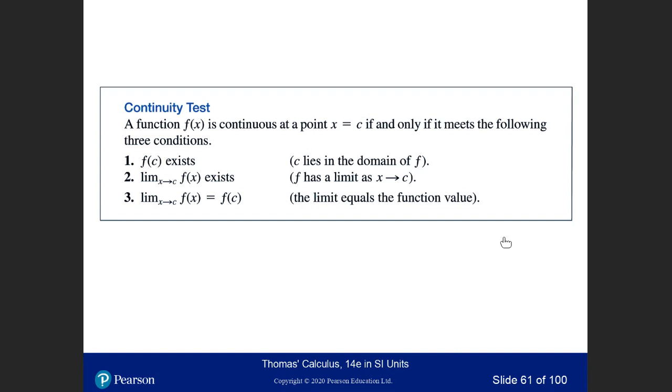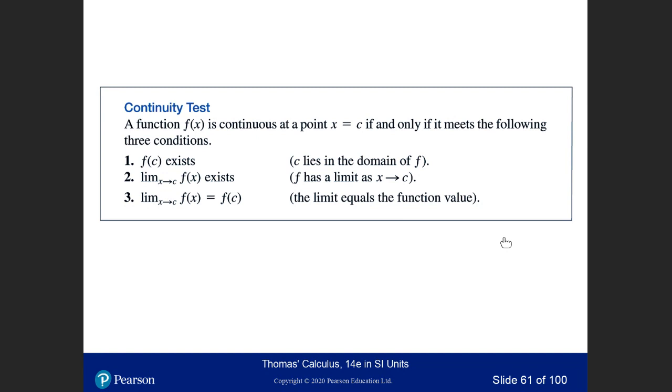So the continuity test is this. A function f of x is continuous at a point x equals c if it satisfies the following conditions. f of c exists, so the function must be defined at c.